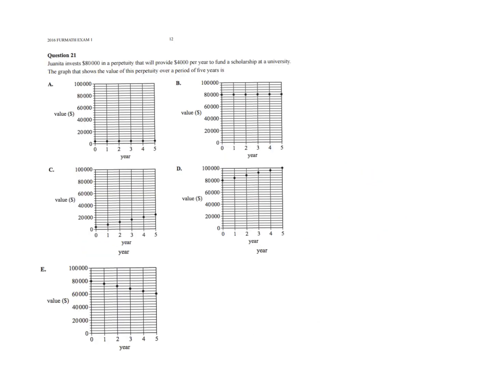Okay, in this question, Jointa invests 80,000 in a perpetuity that will provide 4,000 per year to a scholarship fund at a university. The graph that shows the value of a perpetuity.